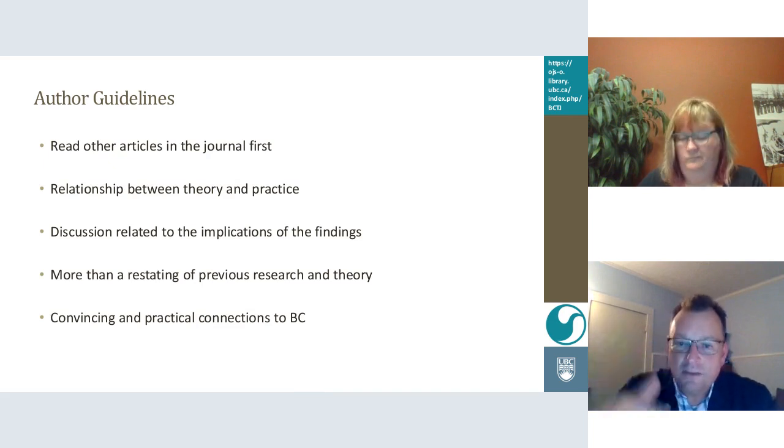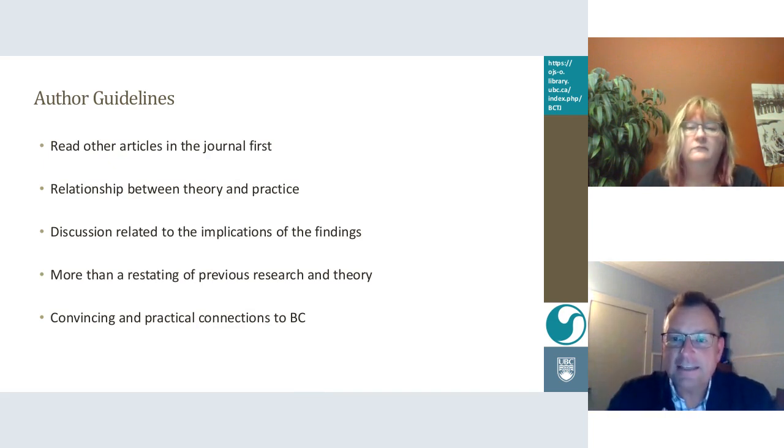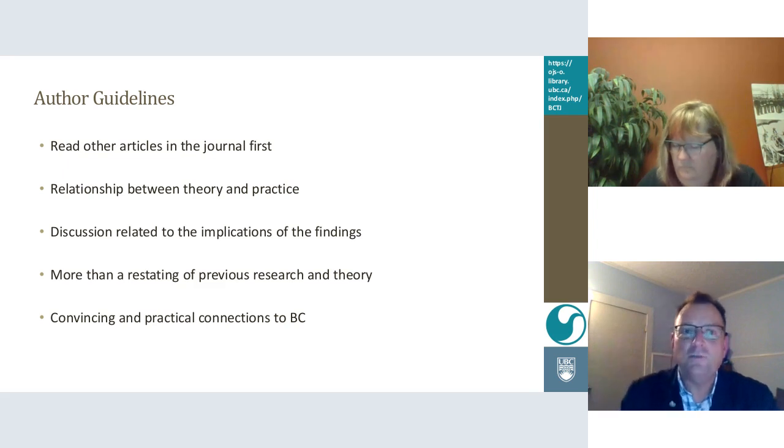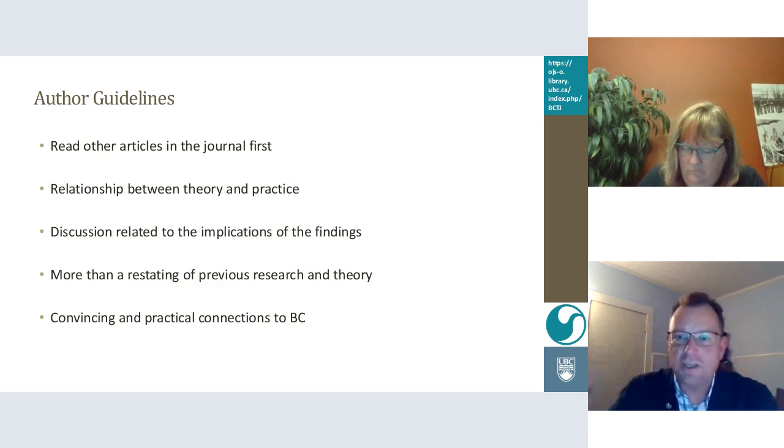So you're also going to read through the author guidelines. And like I said, I think the most important thing is that it should have convincing and practical connections to British Columbia. The other thing that's important about the journal is that articles are more than just telling me about previous research or previous theories you've read. So you can imagine you might have written a paper talking about important second language acquisition theory.